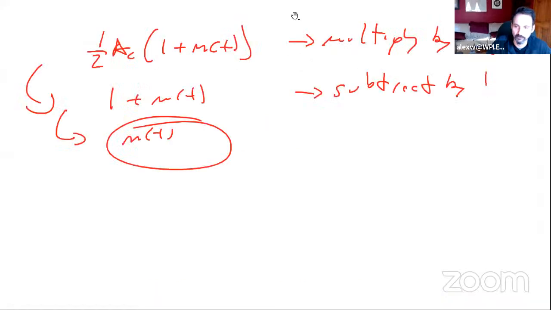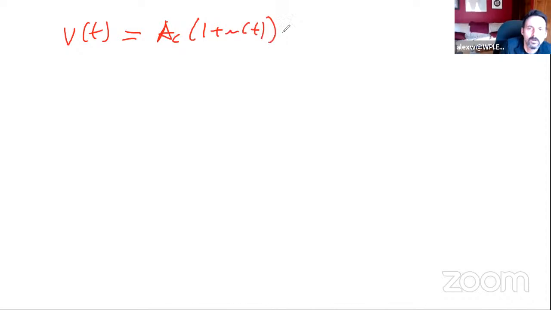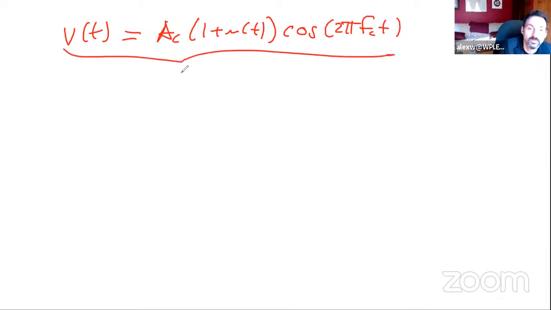Suppose I take this thing again, AC 1 plus m of t cosine, and I do this square law device.